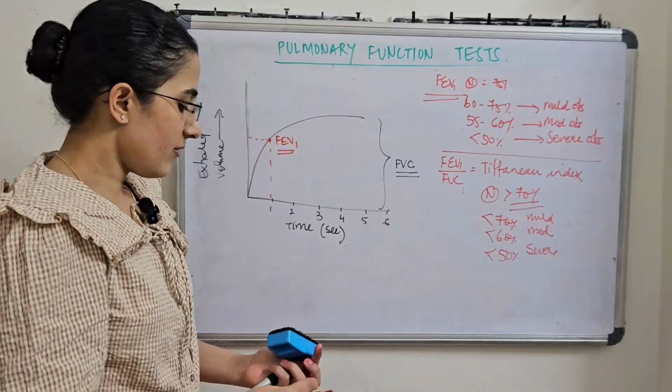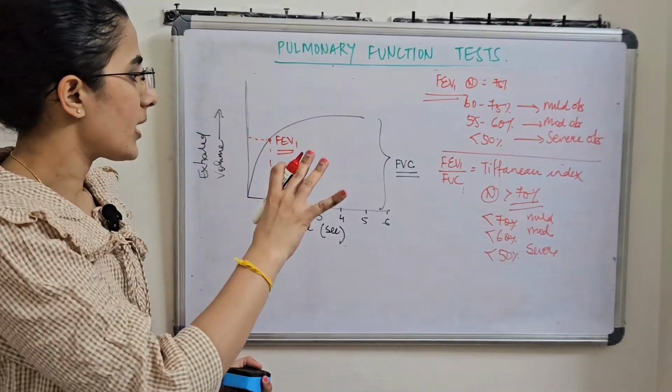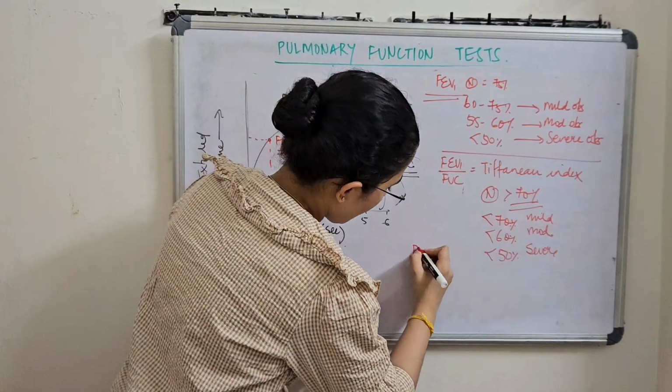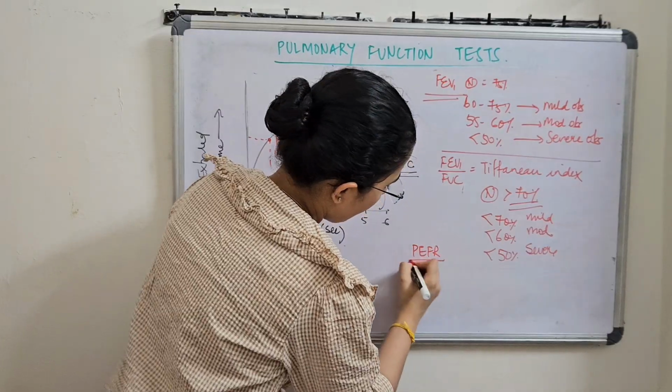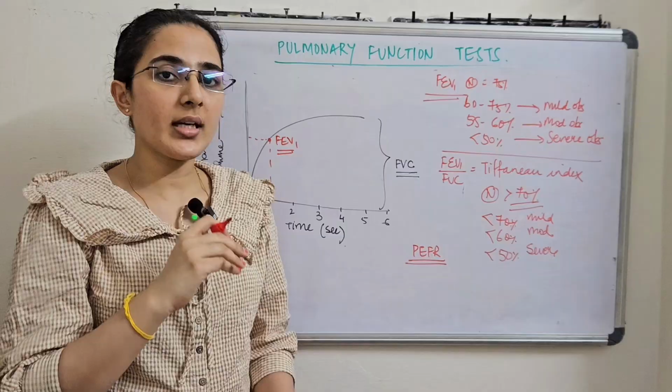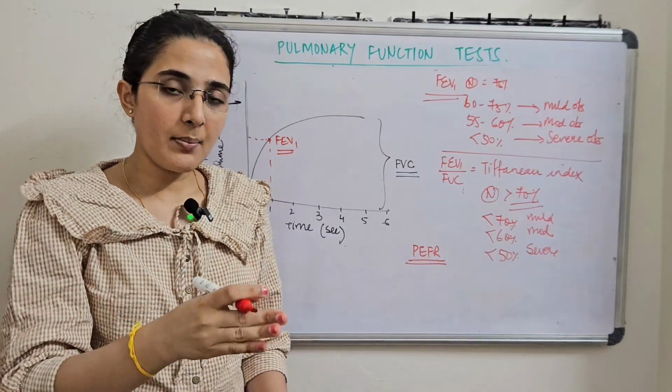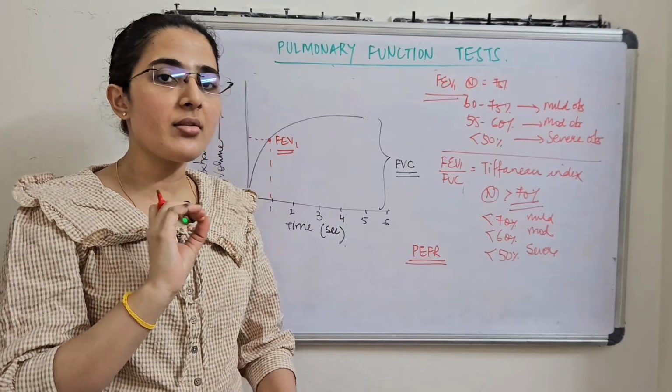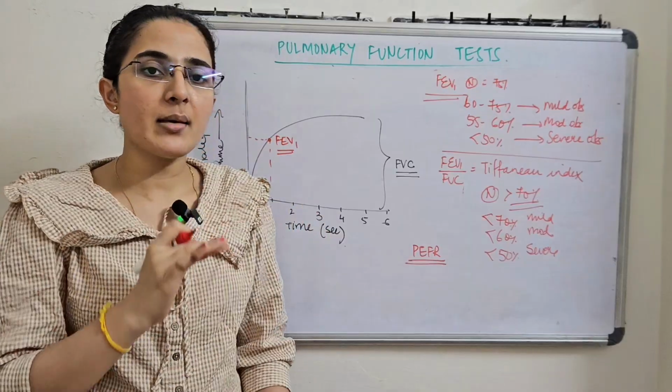One more thing which we can determine by using this is the peak expiratory flow rate. Peak expiratory flow rate is the maximum flow rate which can be achieved after a maximum inhalation and exhalation rapidly during this FVC maneuver.